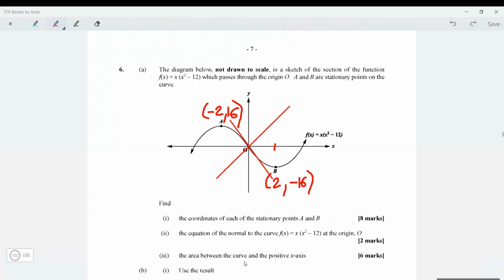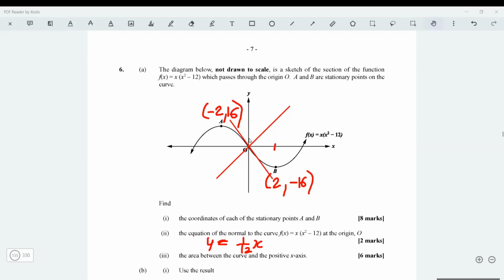In this case, that's why it's just 2 marks, because they tell you c already. Y is just equal to 1 over 12 times x, because they know that c is 0. Makes sense?